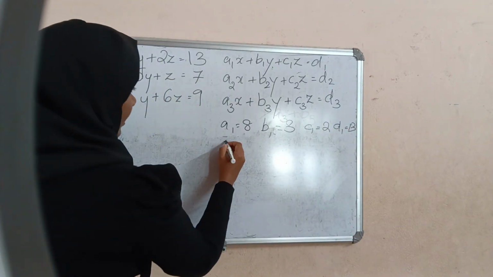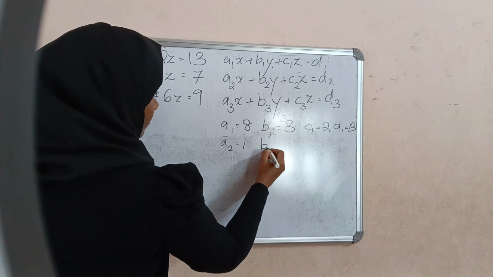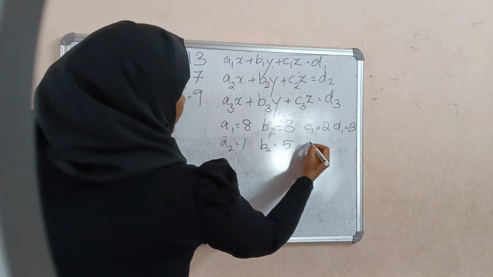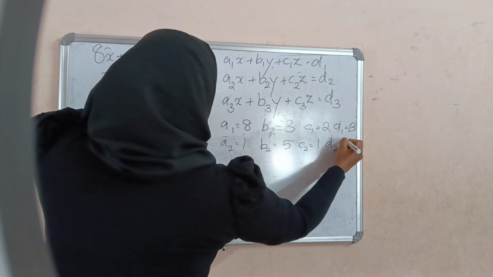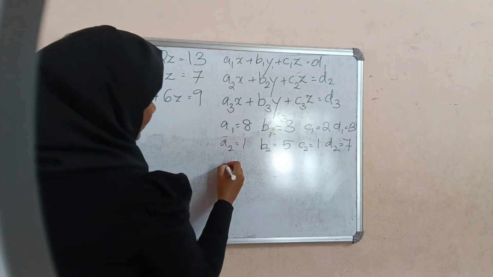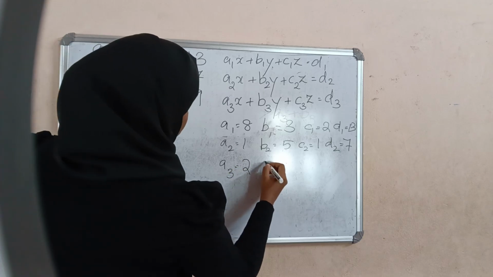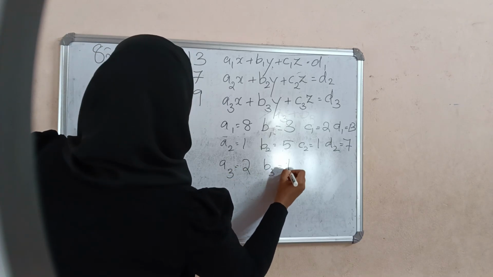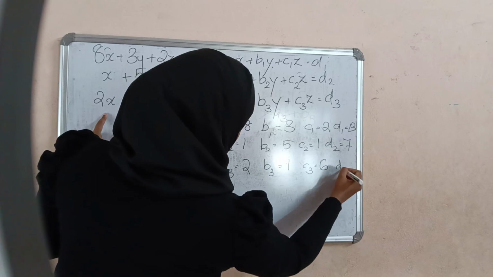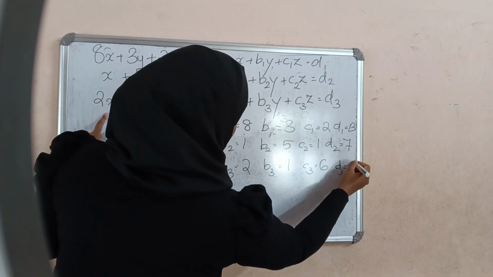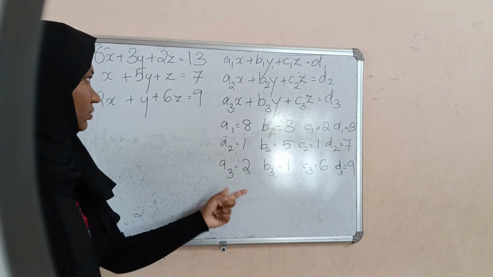Our a2 value is 1, b2 value is 5, c2 value is 1, d2 value is 7. a3 is 2, and d3 is equal to 9. I hope you are clear with this.